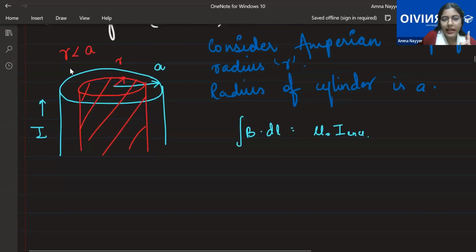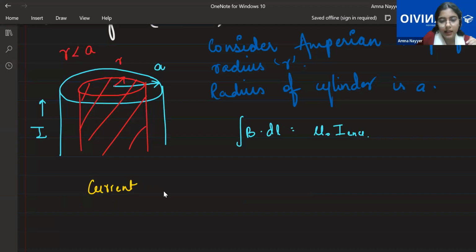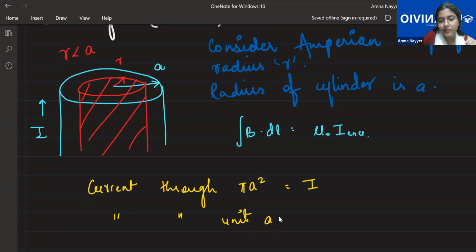So how to get that? See, everything is through the surface area only. So we don't even need the entire wire for this. So let's say current, we are going to use the unitary method. So current through pi a square is I. So current through unit area. What will be the current through the unit area?